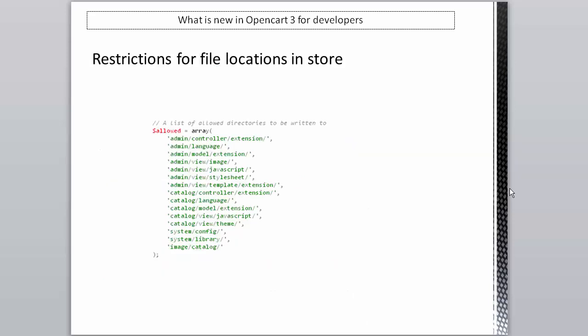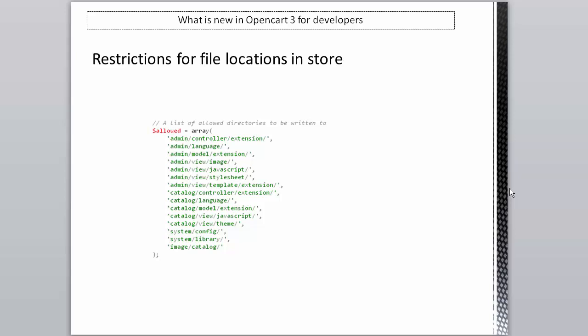Next, Opencart 3 introduced restrictions for file locations in your store on the server. The files can be uploaded to specific directories only. You can see a list of the directories on the screen.